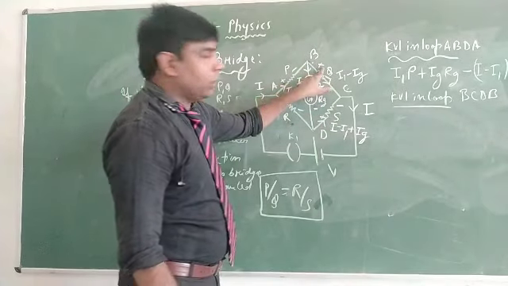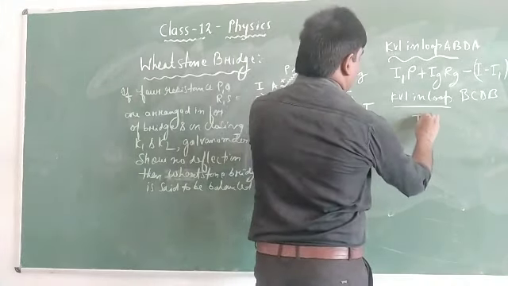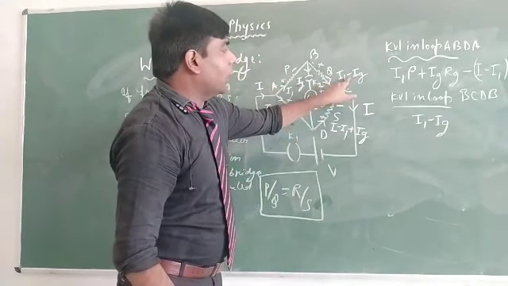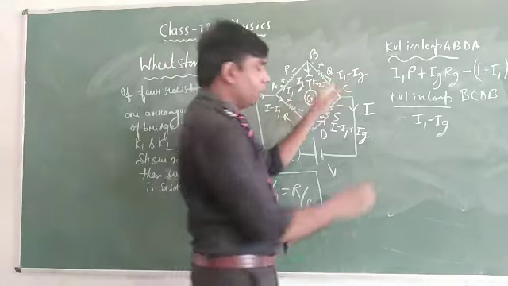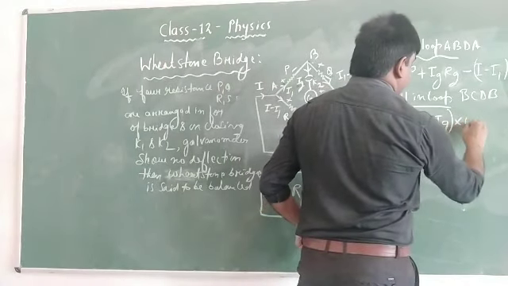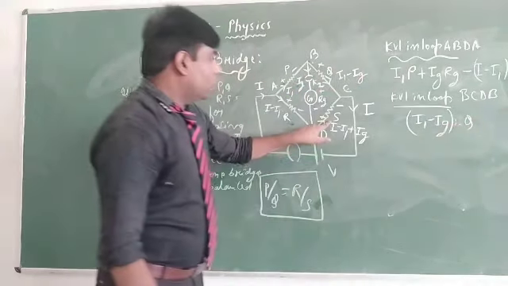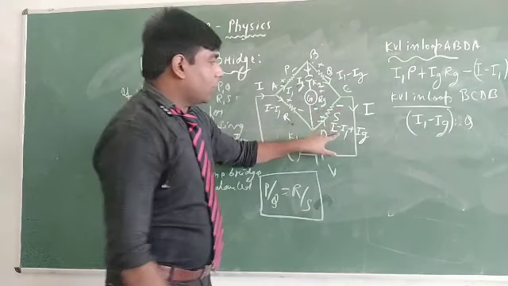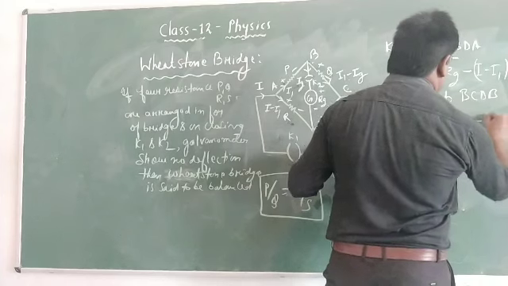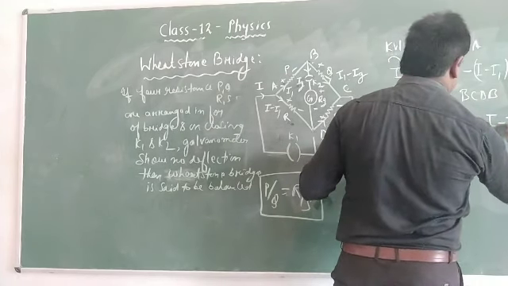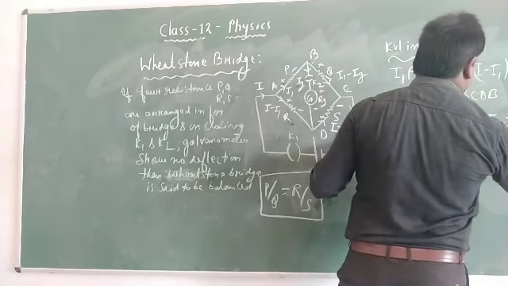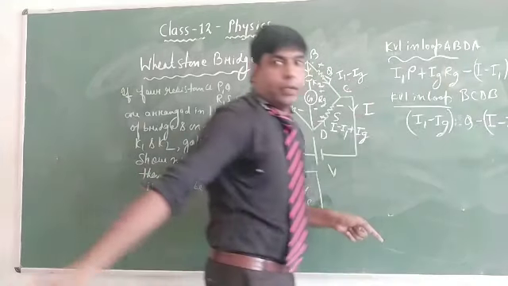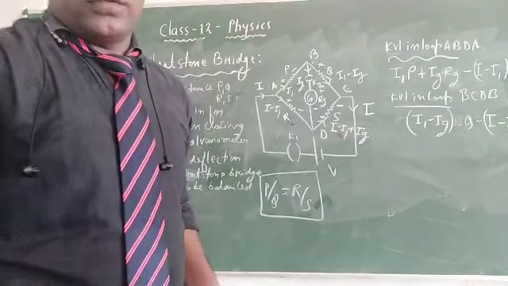Here first is positive, that is, see this resistance current is I1 minus IG, so multiply by Q. Here, when current comes here, it is minus sign. So first you have to write multiply by S. Right?